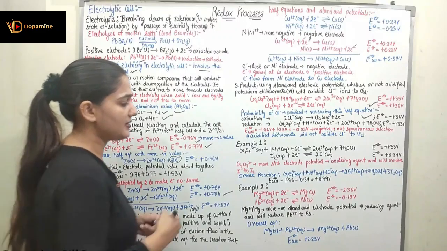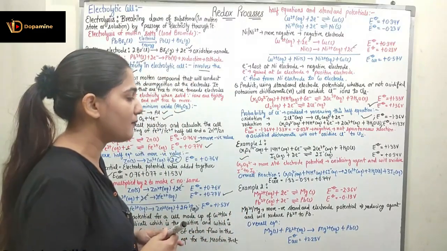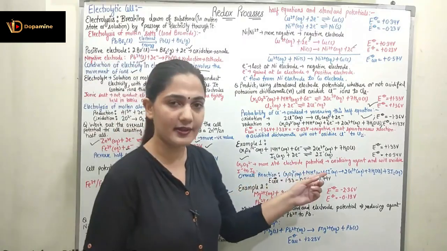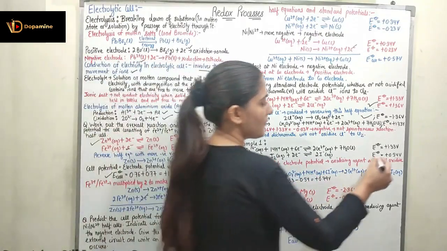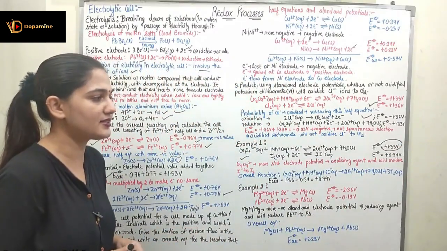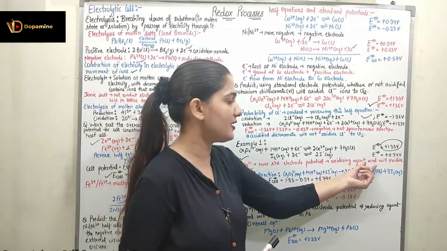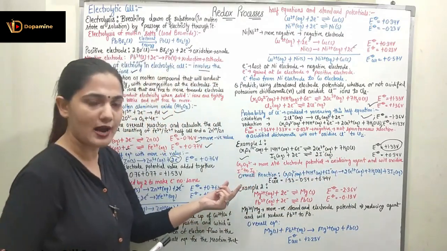Right, so here I can say Cr2O7 2- has the more positive standard electrode potential, right? We can observe here that 1.33 is greater than 0.54, and it is acting as an oxidizing agent and will oxidize I- to I2, right?